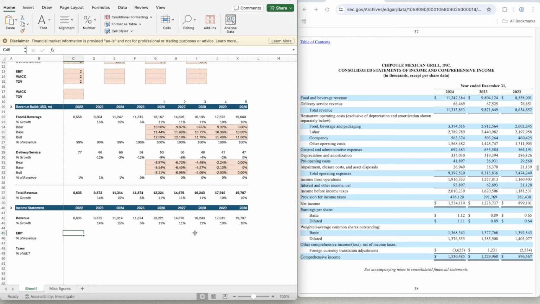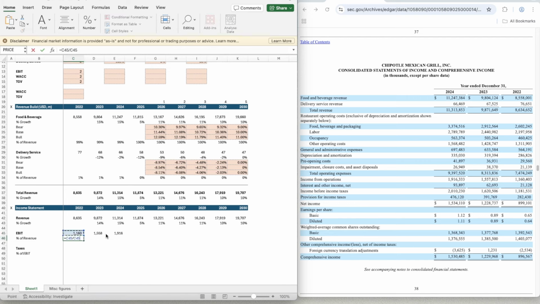So for 2022, it was 1160.403. Let's reformat it so that it looks nice. 1557.813 for 2023. 1916.3334.